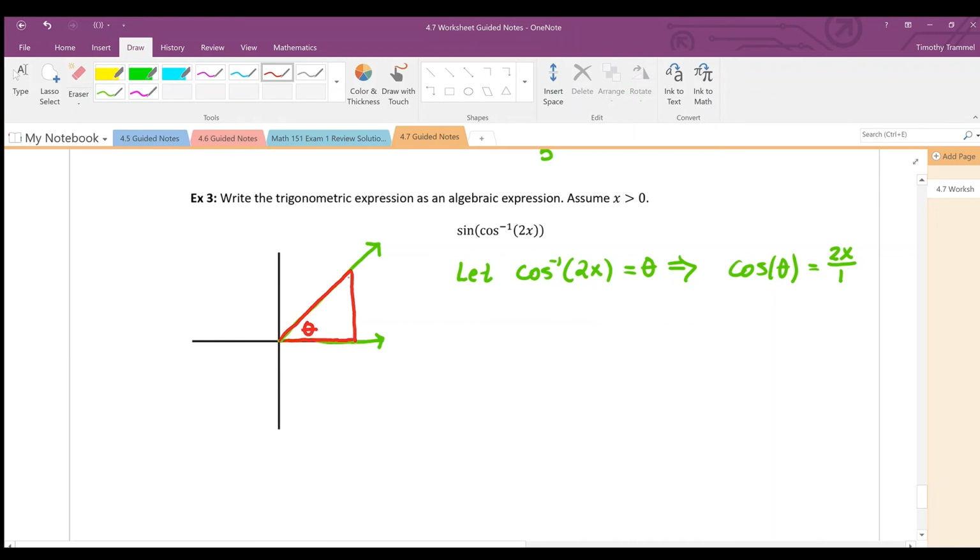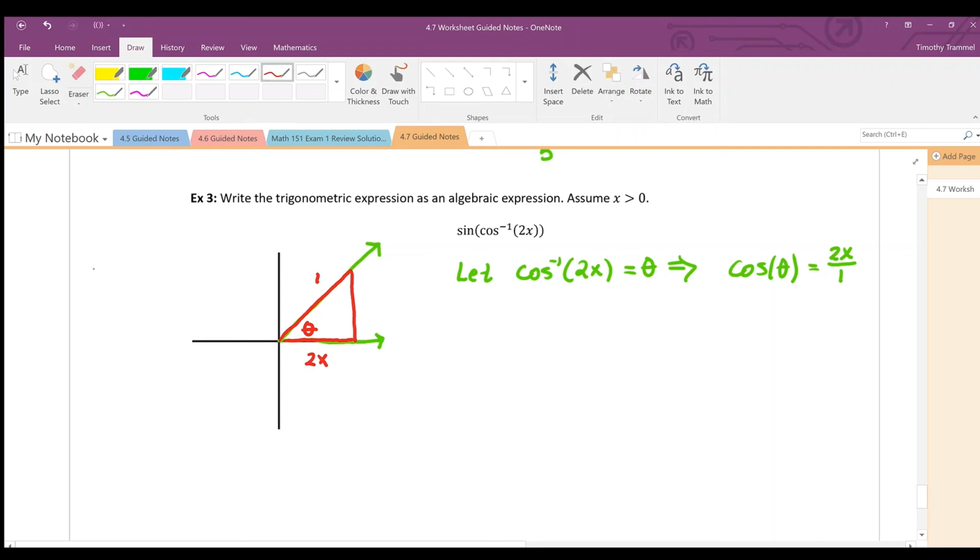All right, so again, cosine theta is equal to the adjacent side length over the hypotenuse side length. So I'm going to put on the adjacent side a 2x, and I'll put on the hypotenuse a 1. And so we can just use our Pythagorean theorem to find this missing side over here.